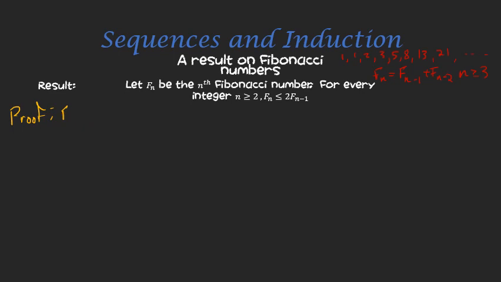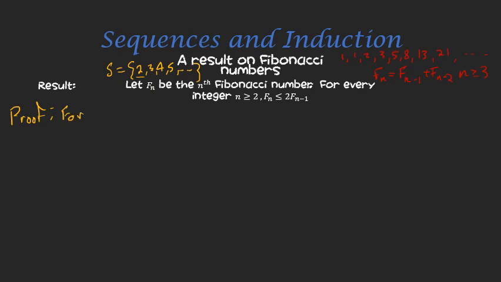How could f1 be less than or equal to 2 f0? There is no f0. So notice here I'm actually using a form of strong induction for just sets. So here, my set S is for all n greater than or equal to 2, so my set S would be 2, 3, and so on. It doesn't start at 1, right? So my smallest element is 2 here, and so that will be my base.